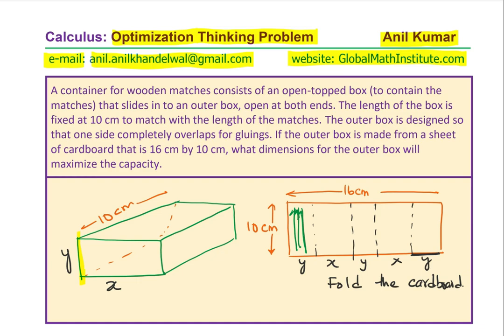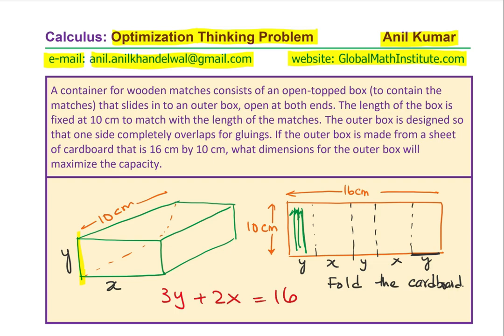Once you get this, then you can relate x and y. Because we know that this combination of 3y and 2x is equal to 16, right? So you get one equation from here, which is 3y plus 2x is equal to 16.